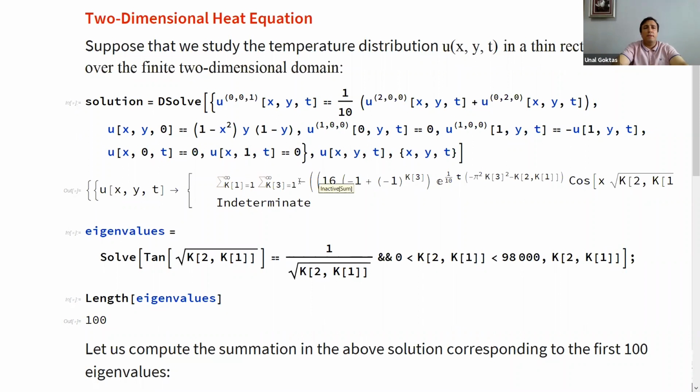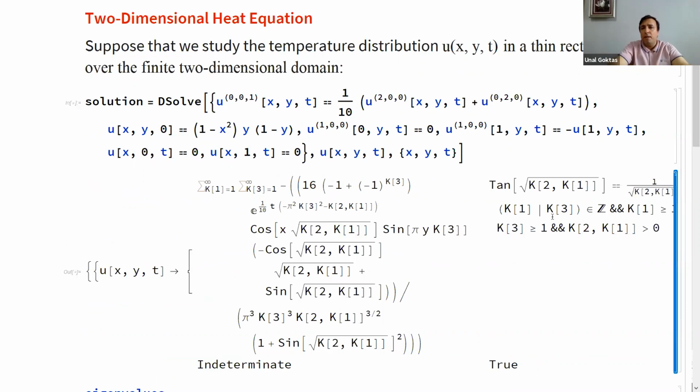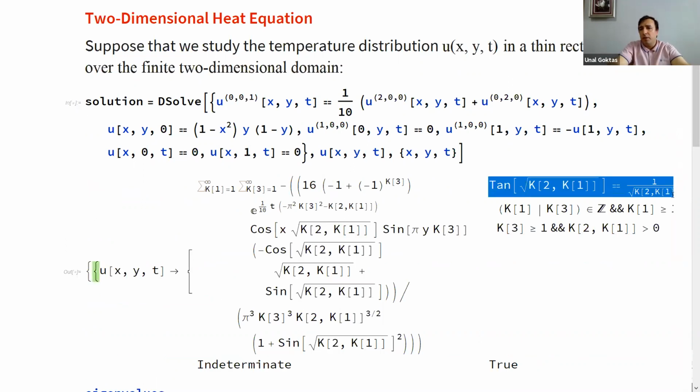So the solution is again an infinite sum, but this time we have a double summation. And here, the solution is valid provided that this condition is satisfied.